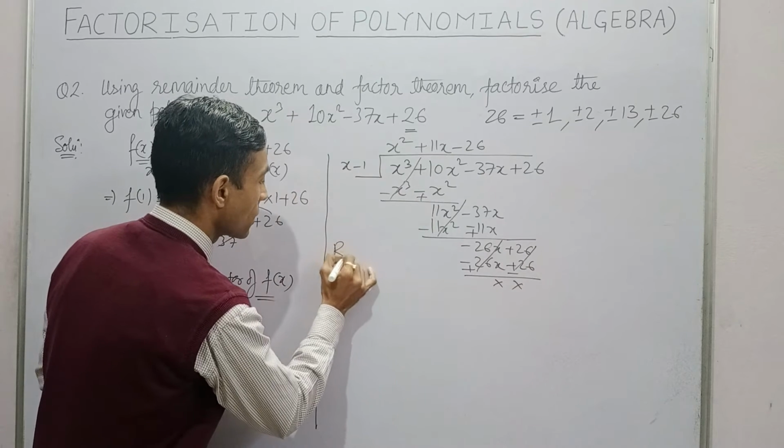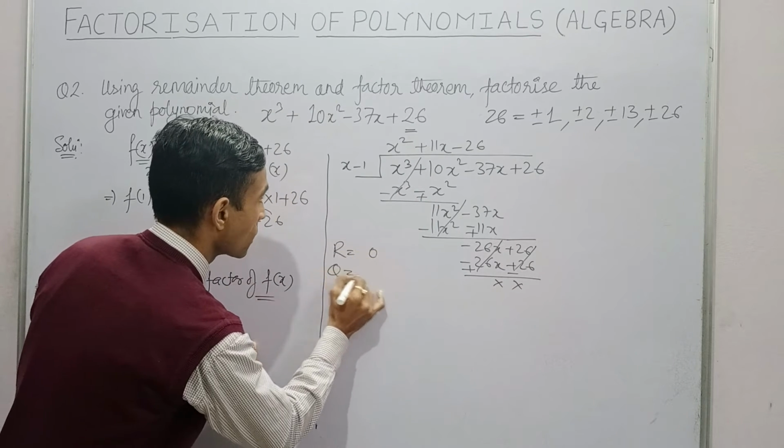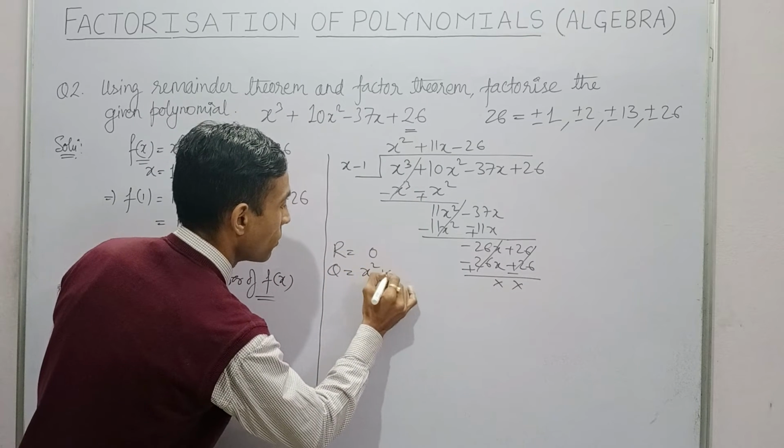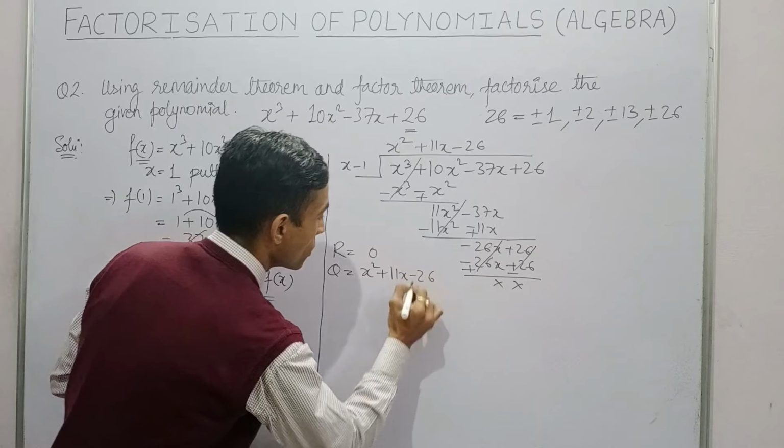So our remainder is 0 and the quotient is x square plus 11x minus 26.